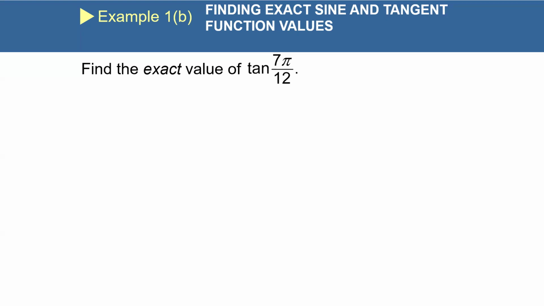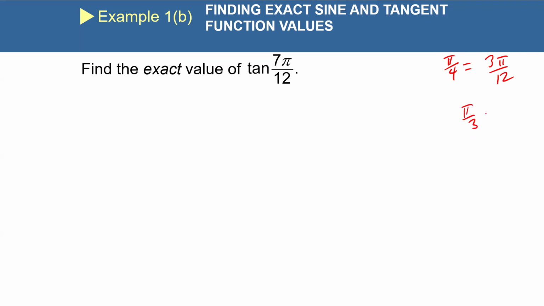And the thing you're going to think about is putting your values in terms of 12s. So for example, if I have pi over 4, that equals how many 12s? What would I have to multiply 4 by to make it a 12? So it equals 3 12s.